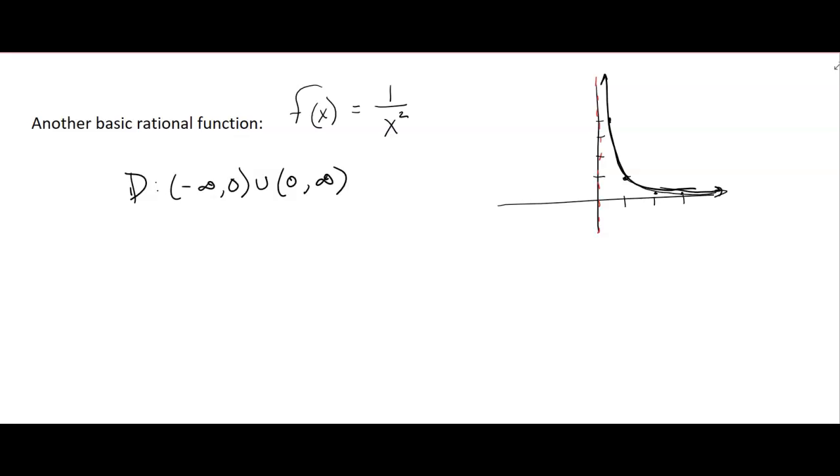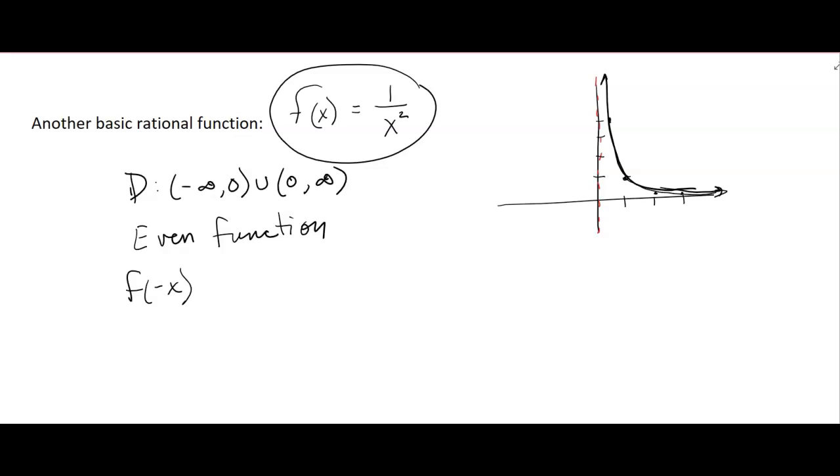Also, something to point out is this is an even function. If you were to find f of negative x, that would equal 1 over negative x squared, which is the same thing as 1 over x squared. And so it's an even function. That means it's symmetric about the y-axis.